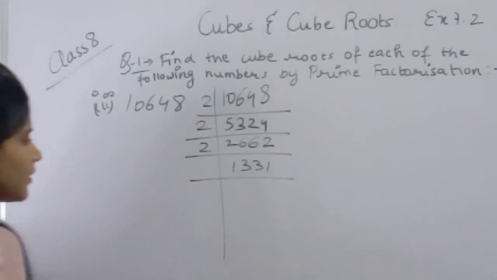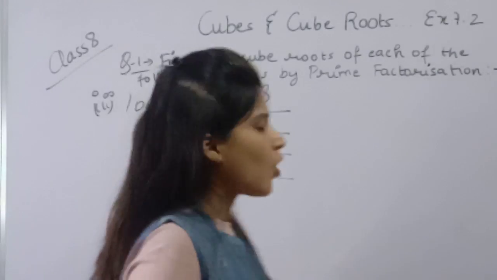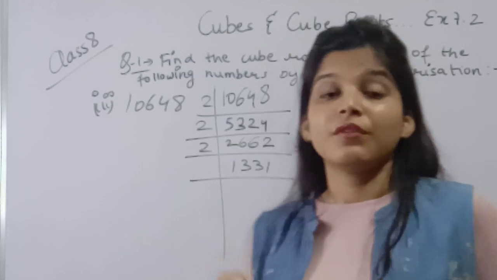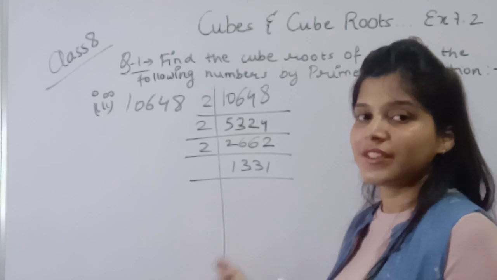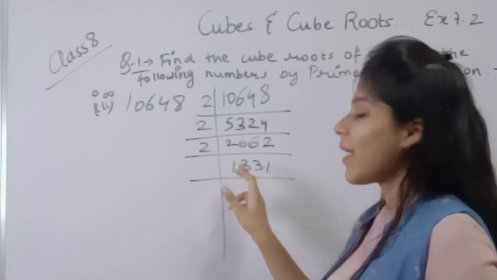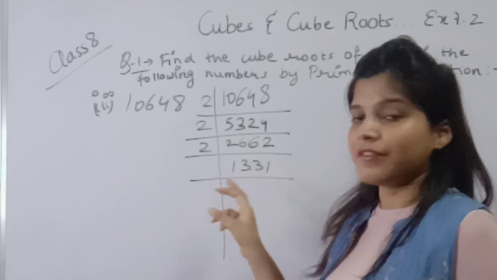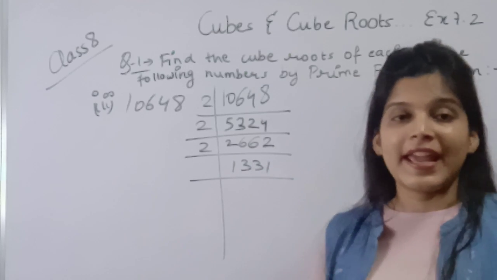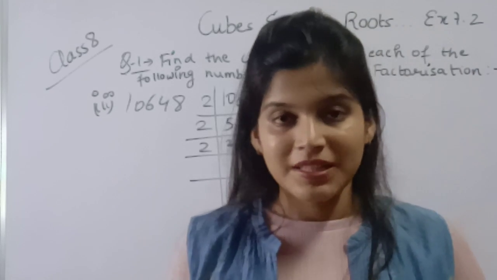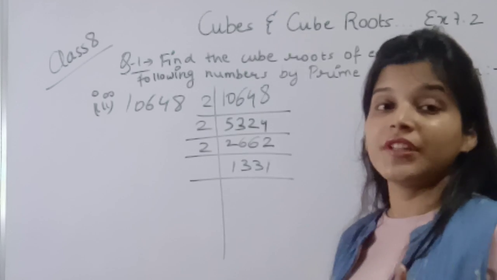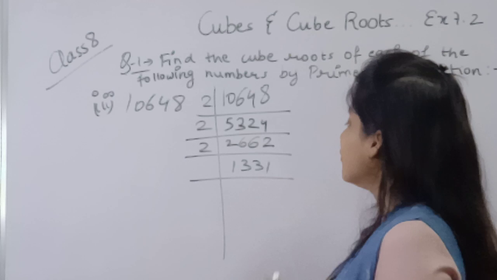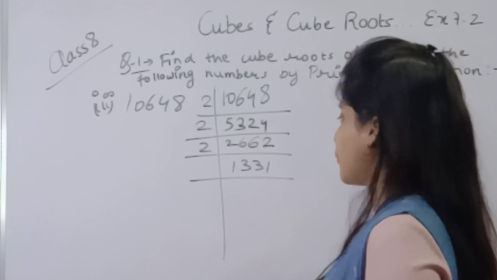Now 1331. 1331 is not a multiple of 2. Now we will check whether this number is a multiple of 3. We will add all the digits and check: 1 plus 3 is 4, 4 plus 3 is 7, and 7 plus 1 is 8. And 8 is not a multiple of 3. It means that this number is also not a multiple of 3. Now let's come to 4. No. 5.